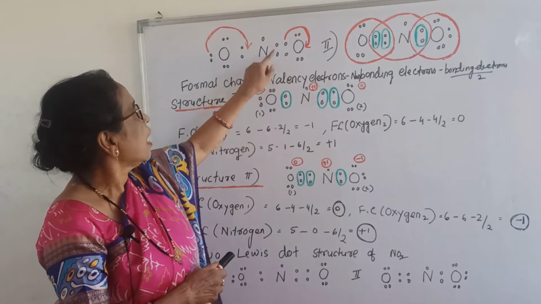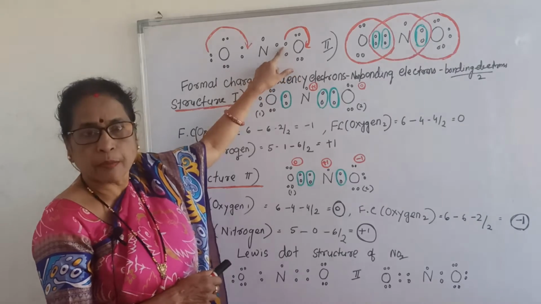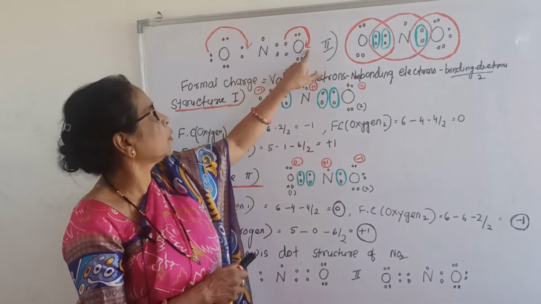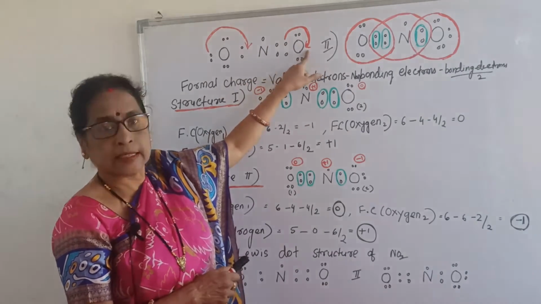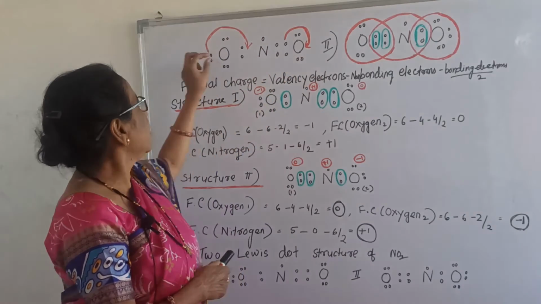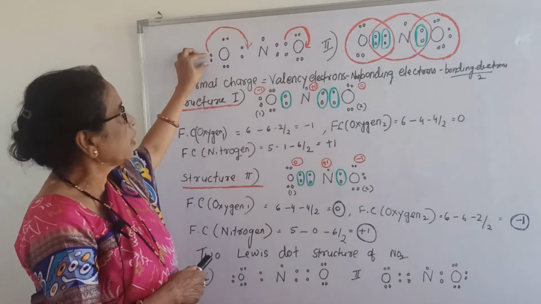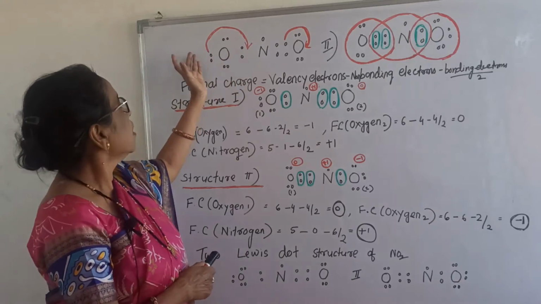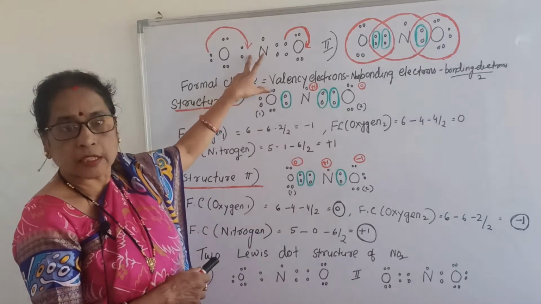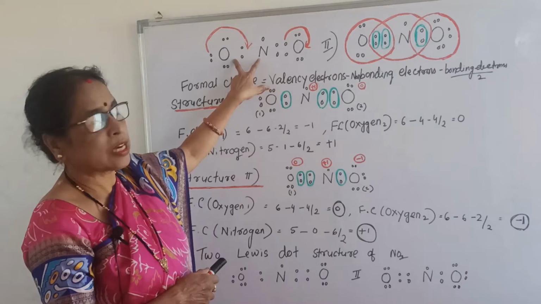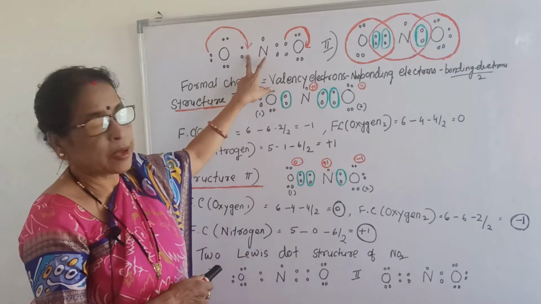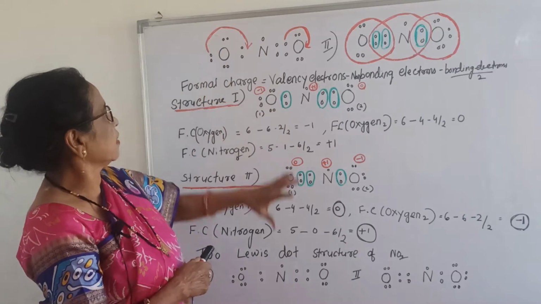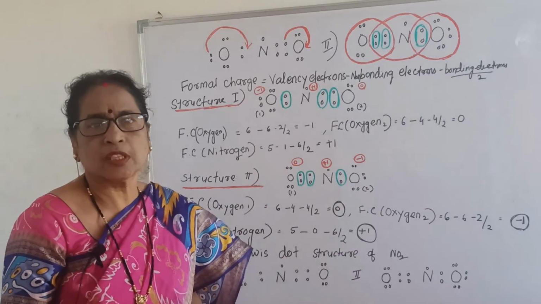That is why this pair of electrons from the bonding electrons can be transferred to the oxygen on this side as non-bonding electrons. Similarly, this pair of non-bonding electrons from the oxygen is transferred to the middle, between nitrogen and oxygen, and forms one bonding pair.